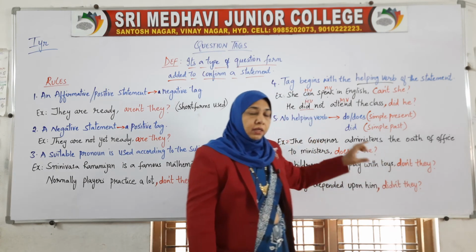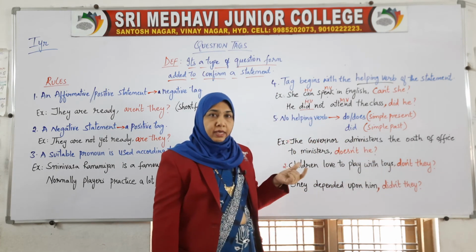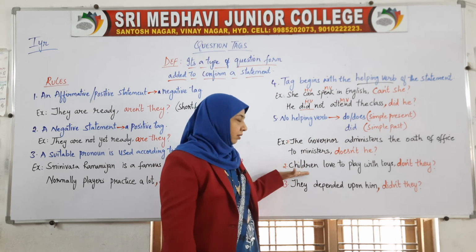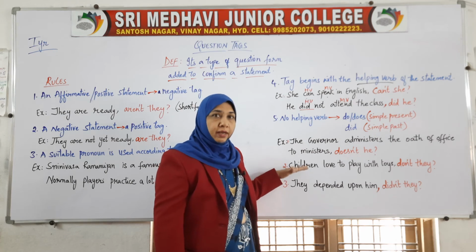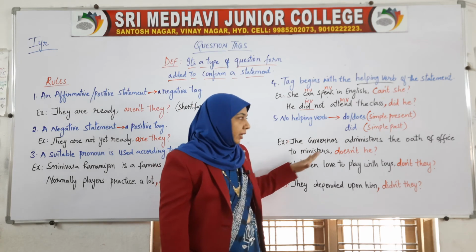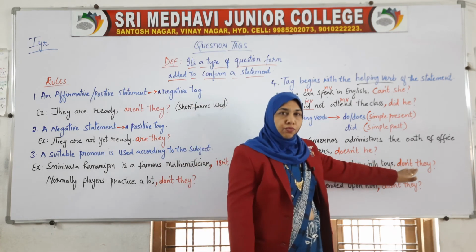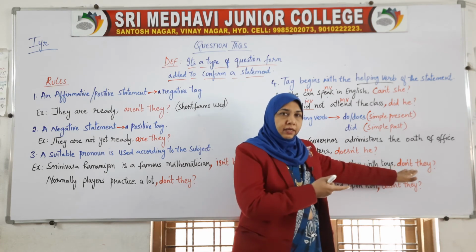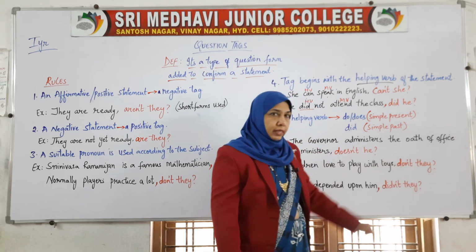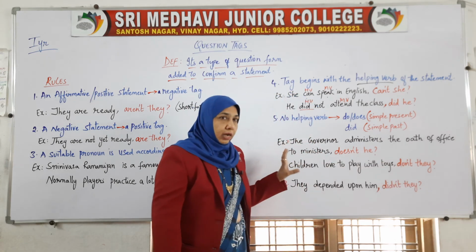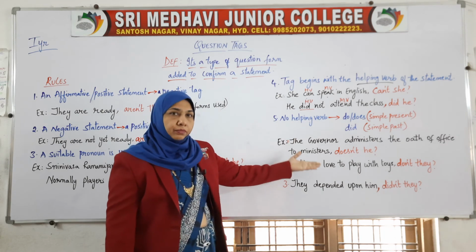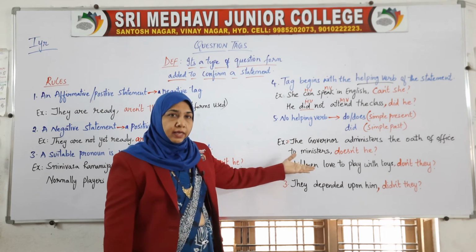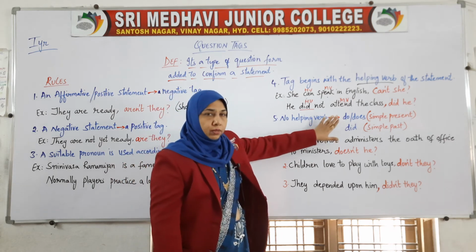And why are we taking "don't" and not "doesn't"? Because children is the plural of child, so we take the third person plural, which gets the do form. And because the statement is positive, we take the negative question tag, that is "don't they". Without any helping verbs, we use the question tags by following this rule.